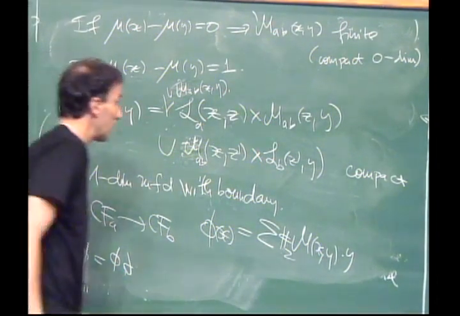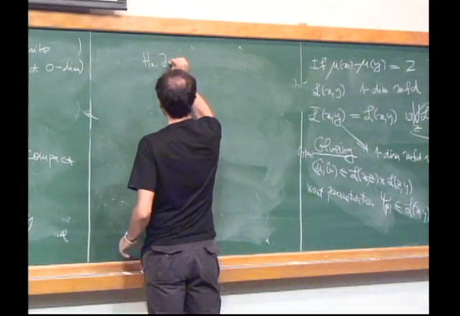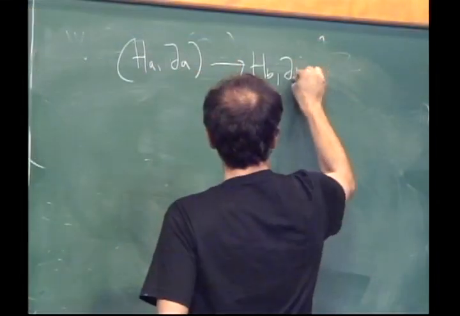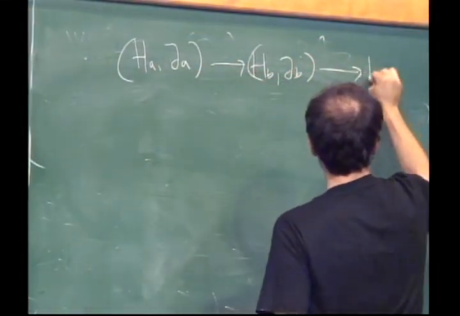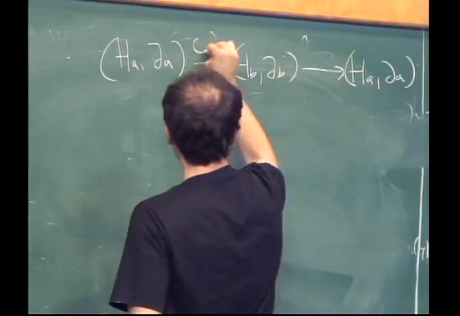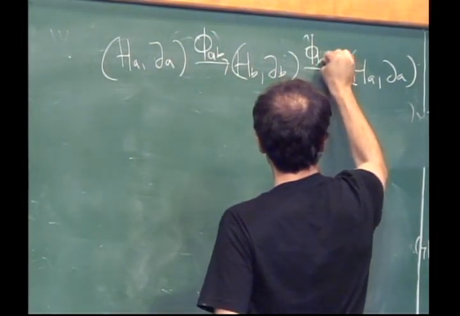And then what you do is that you go from H_A, J_A to H_B, J_B, and then back to H_A, J_A. So you get here a morphism of complexes, here another morphism of complexes.